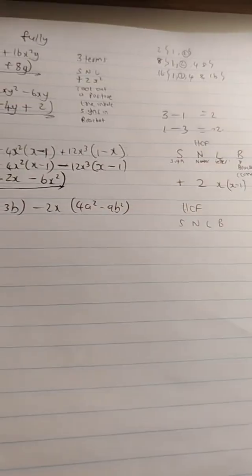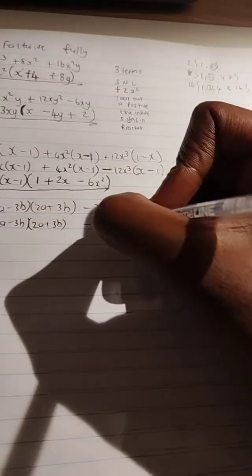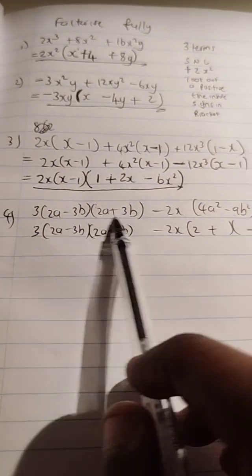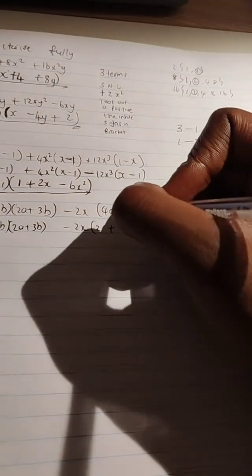If I take out the highest common factor, sign, number, letter, bracket, and then I factorize this as well in the same way, with a plus and a minus, this is a difference of 2 perfect squares. It will lead me to these very same brackets.